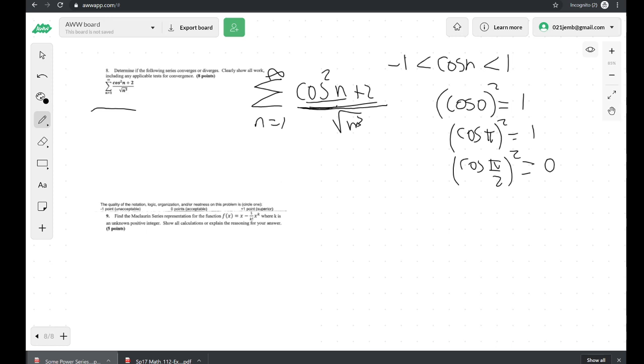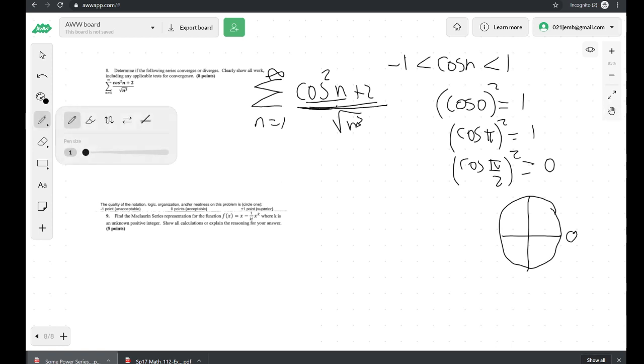If we look at the unit circle over here, the values of cosine squared of n will oscillate between 0 and 1.